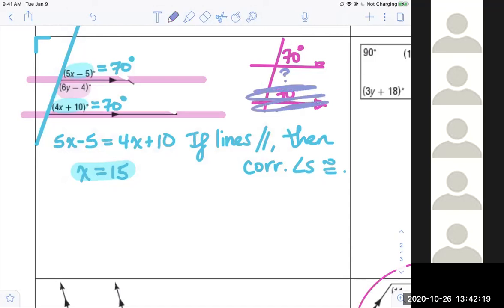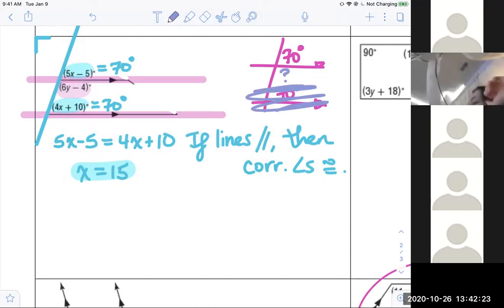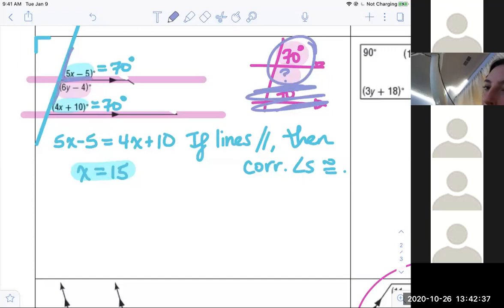If that's 70, what should that other angle measure be? Would it be 40? What do these two angles have to add to? 180.